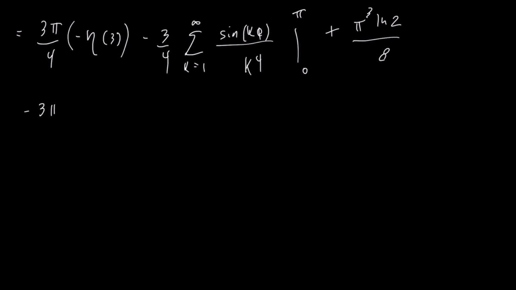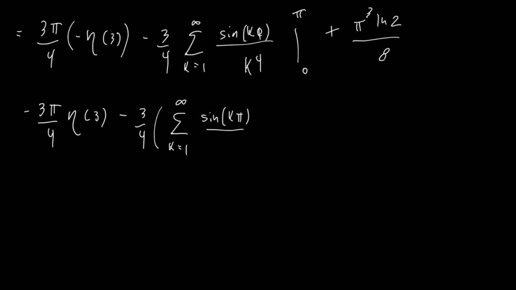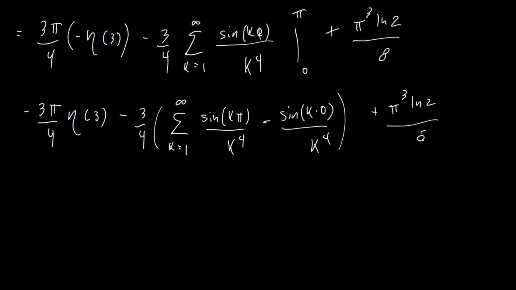So we're going to have a negative 3 pi over 4, the eta function at 3, minus 3/4 times the sum from 1 to infinity of the sine of k pi over k to the fourth, and minus the sine of k times 0 over k to the fourth, plus pi cubed log 2 over 8.